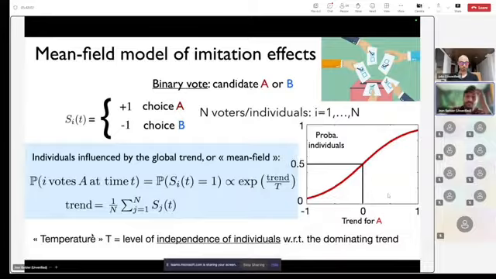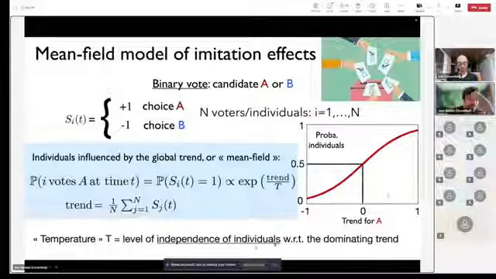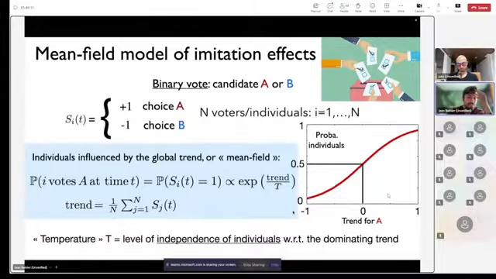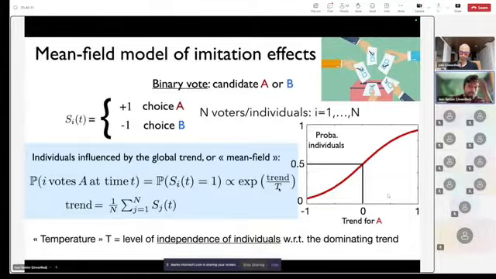So what is the temperature in this simple model? It plays the role of a kind of level of independence of individuals with respect to the dominating trend. If the temperature is very high, this exponent becomes essentially zero, so the probability to vote one will be 1/2.